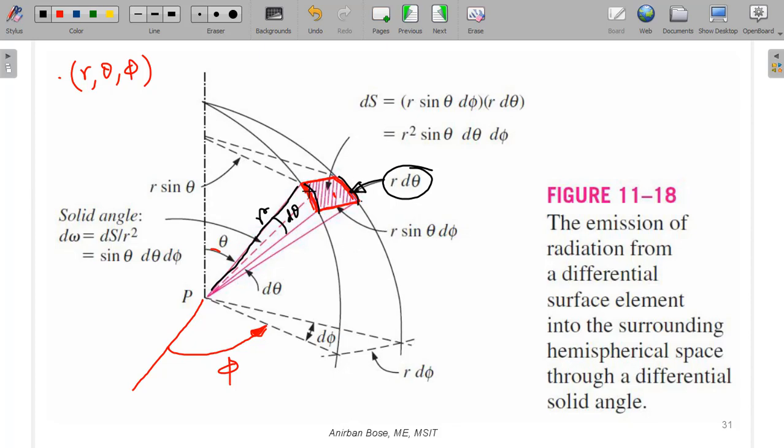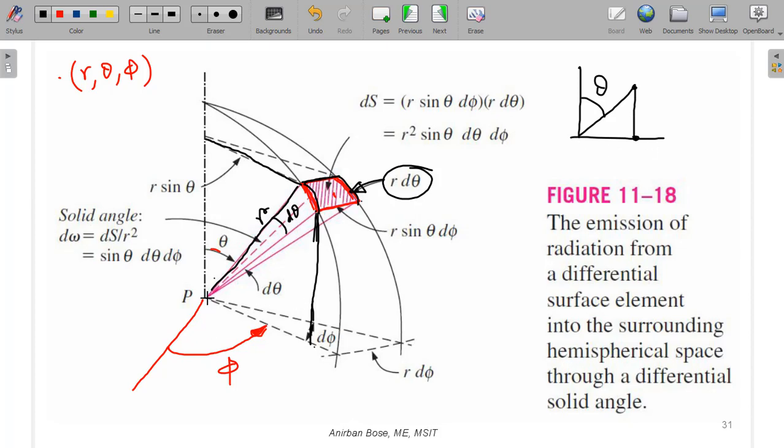Now the other side, suppose you want to find out this one, you observe carefully, this particular length is nothing but the projection of this r on this plane. Okay, so what is that? That is nothing but r sine theta, because this angle is theta, and you are projecting on the horizontal surface.